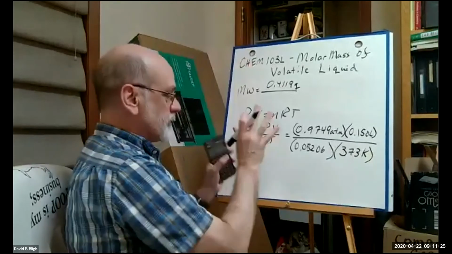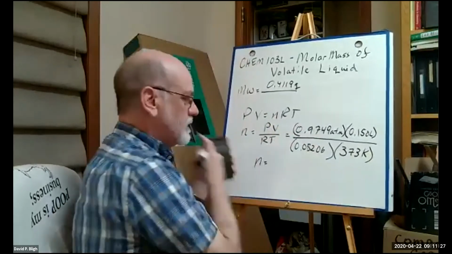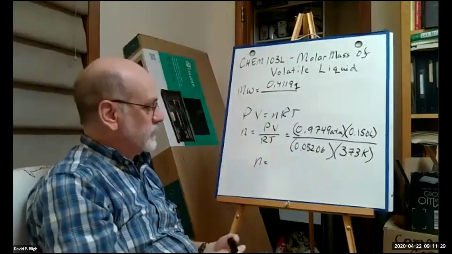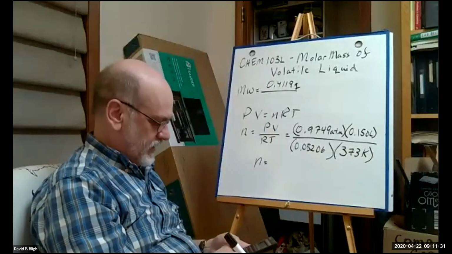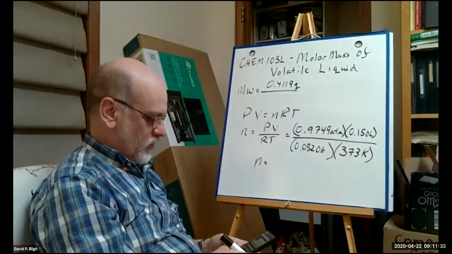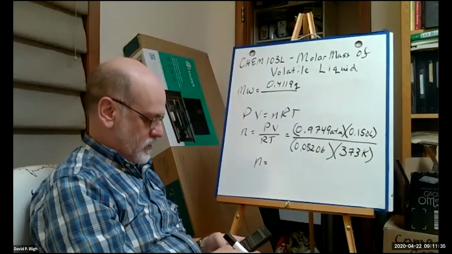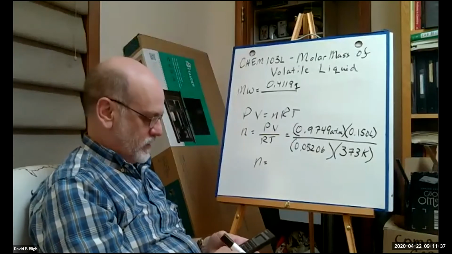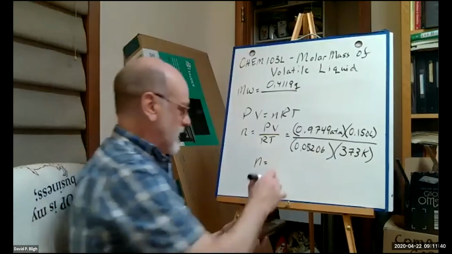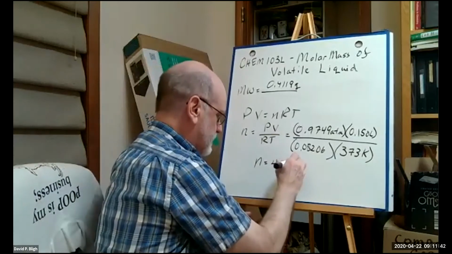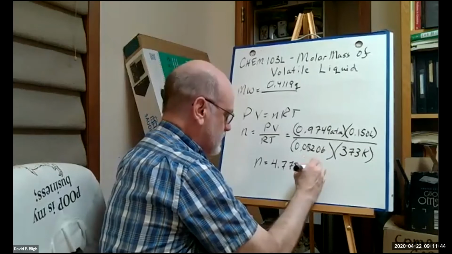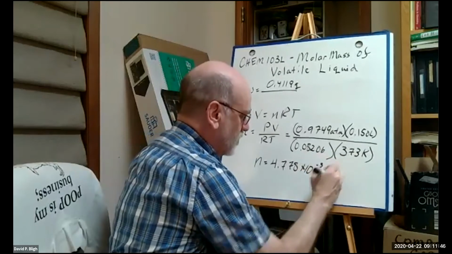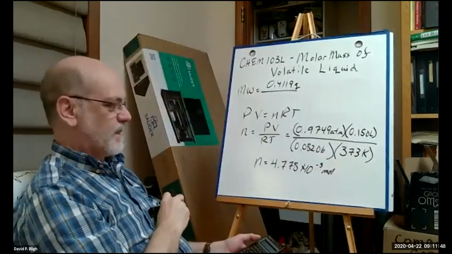All right. So you just solve that equation, and you find out how many moles. 0.9749 times 0.15, divided by 0.08206 times 373, and I get 4.778 times 10 to the minus 3 moles. Okay?